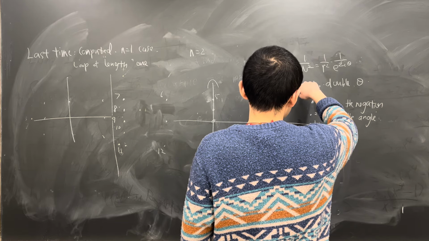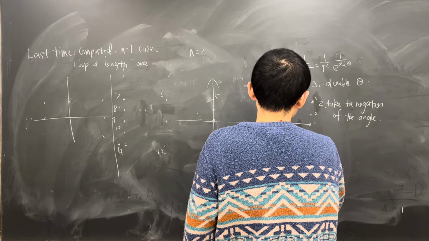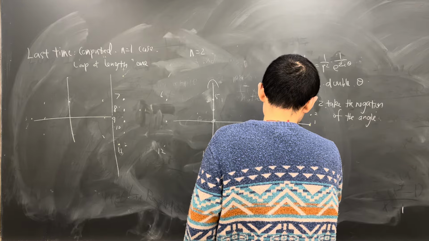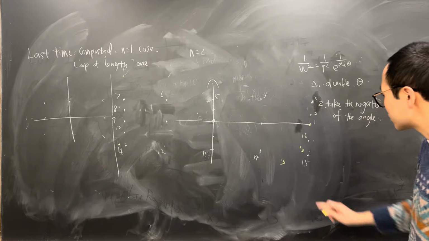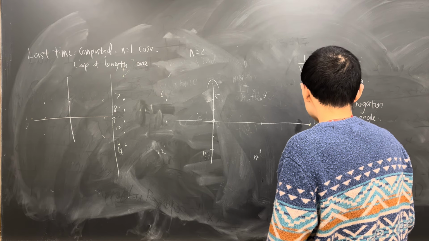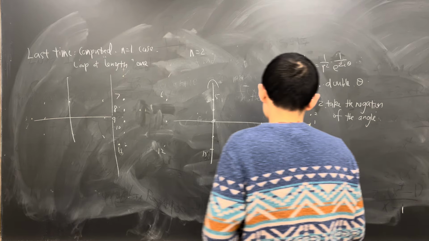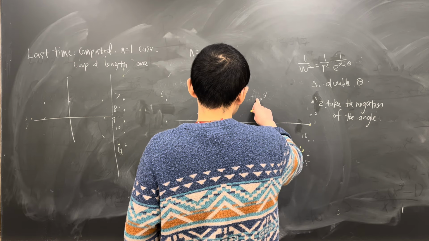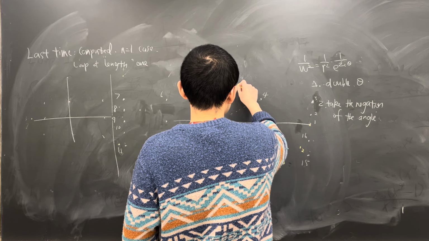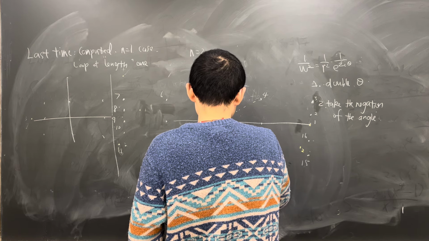I do a doubling here, and then I take the inverse. So roughly speaking, it's like here. So for this 4, I do a doubling here, and then inverse. It's like here.